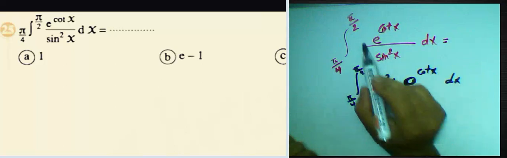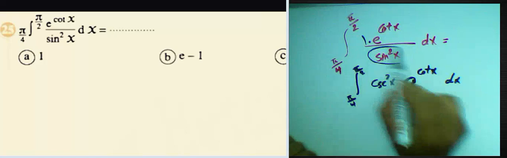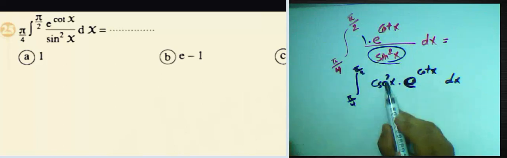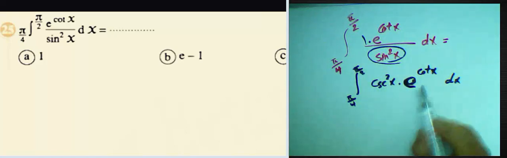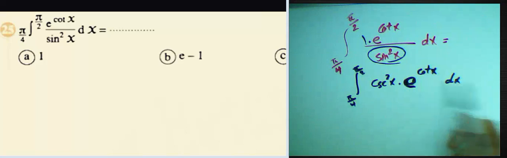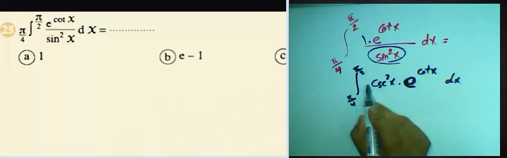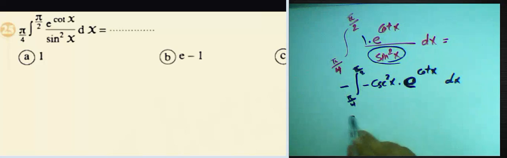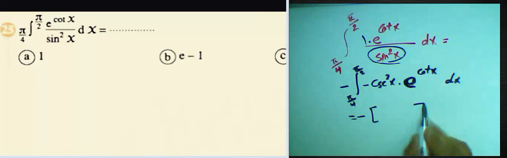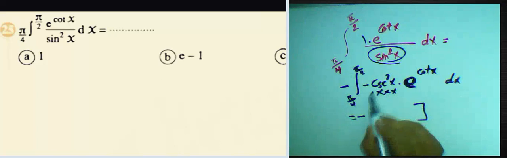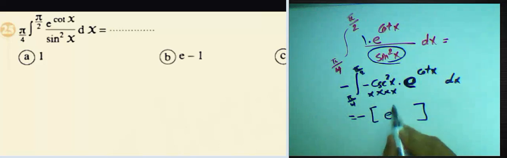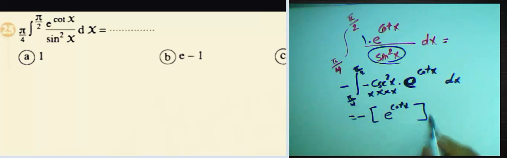We know the integration of e power cotan x. The derivative of cotan is negative cosec power 2. Write negative here and negative outside, and the result will be negative. We can cancel the integration here and write the function e power cotan x over the interval from pi over 4 to pi over 2.